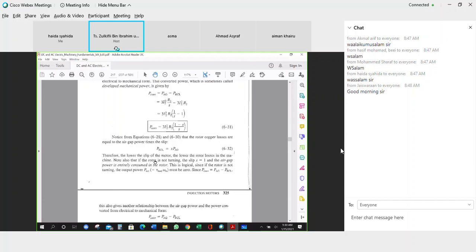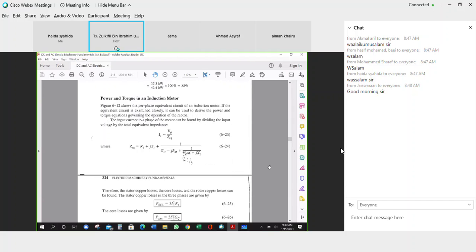So the Z equivalent is R1 plus jX1 plus the parallel branch: 1 over GC, where GC is the conductance, 1 over R, and BM is the inverse of the reactance.